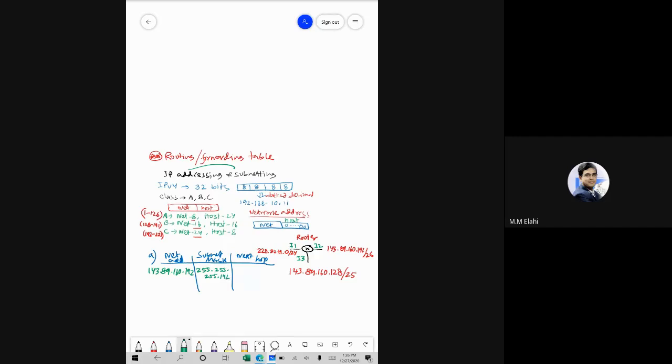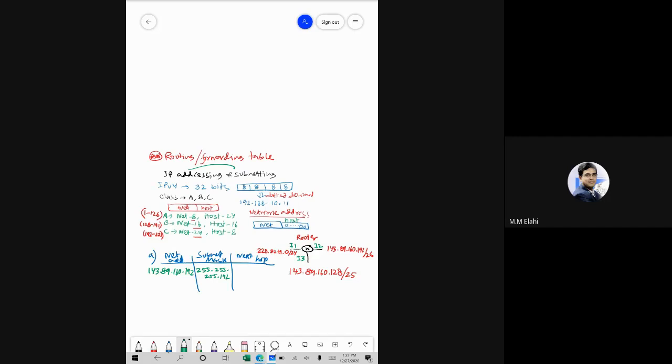So we can represent 26 bits with subnet mask. So 26 bits 1, and remaining 6 bits will be 0. If you represent in dotted decimal, that will be 255.255.255.192.